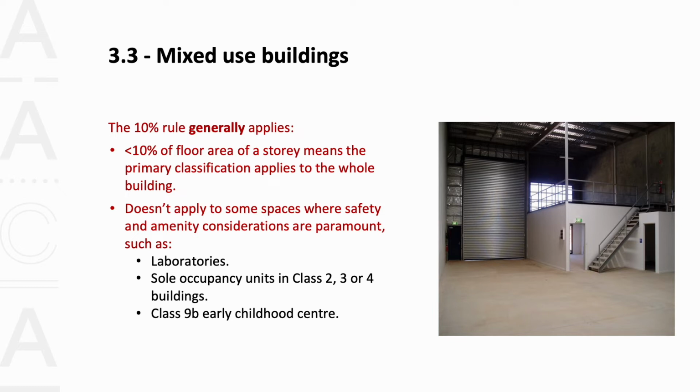If the warehouse had 2 storeys and the office was 15% of the ground floor, but only 7.5% of the total floor space, then the office space would still be considered a Class 5 part of the building because it is the percentage of the floor space of the storey it's on that matters, not the total percentage.